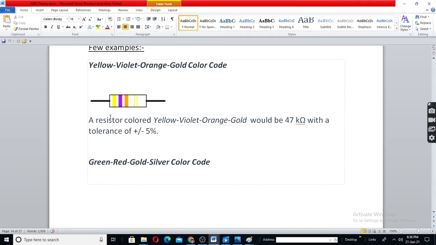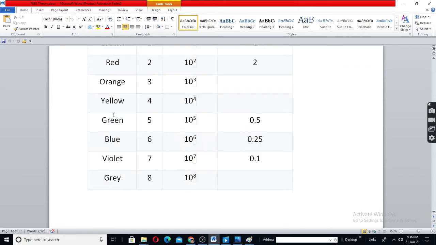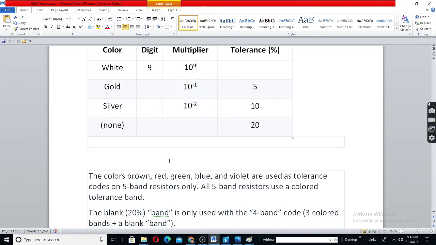Yellow means 4, then violet 7, then orange 3. So 473. 47 means first digit, second digit, then the multiplier as 3.